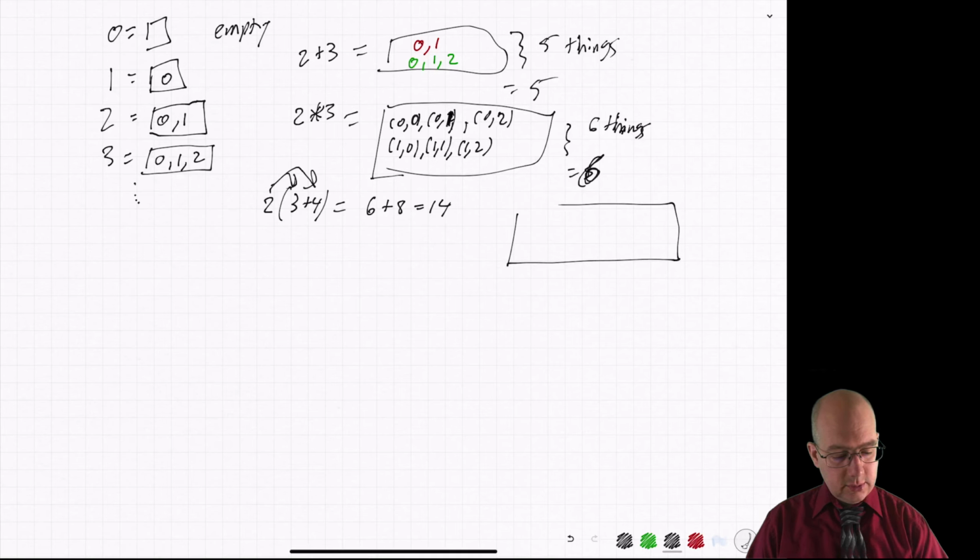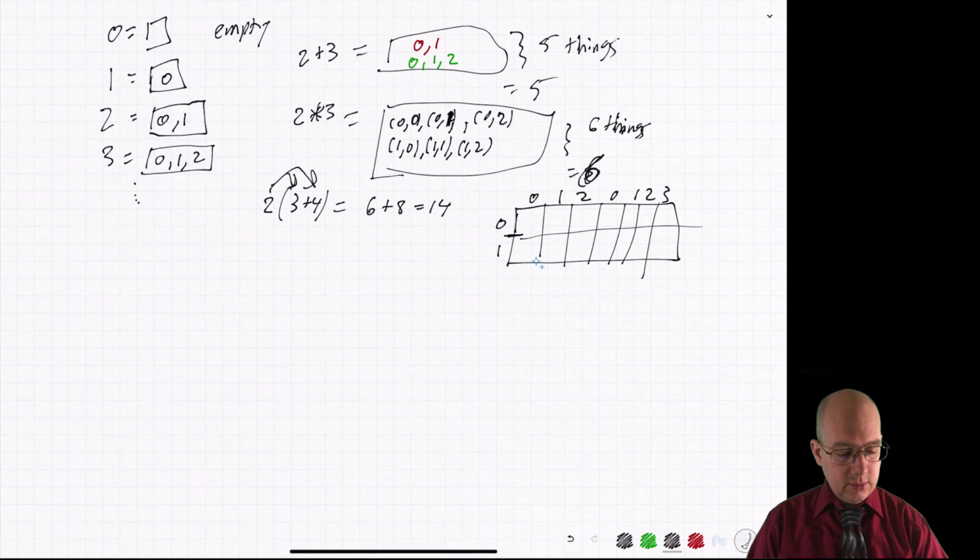Yeah, so we've got 2. You can think of this as 0, 1, so those are my rows. And then you've got 0, 1, 2, 0, 1, 2, 3, versus 0, 1, 2, 3, 4, 5, 6.